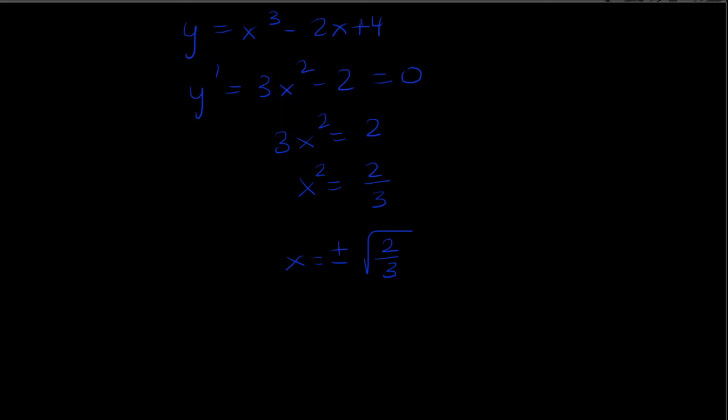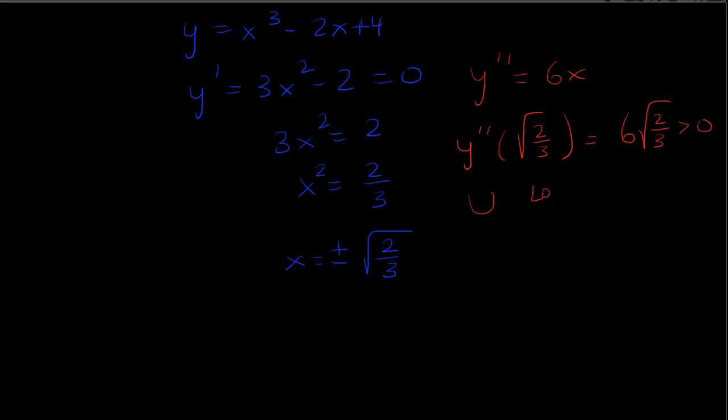To do this very quickly, I'm going to look at the second derivative, which will be 6x. And if I plug in the positive root 2 over 3, I get 6 times root 2 over 3, which is positive. So that means it's concave up, like the graph, so it has to be a local min.